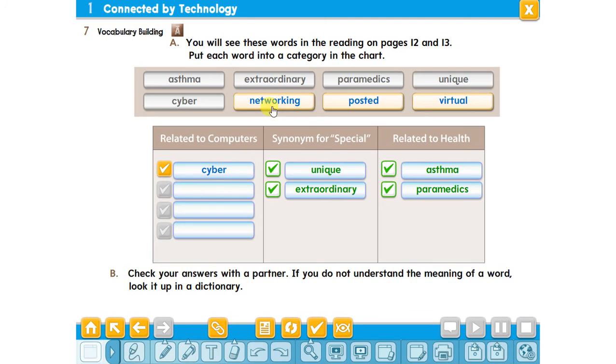Networking. That's right. For sure it is for computer. Posted. You post something. Virtual reality. This is also like our lessons. Sometimes we are going to give virtual reality classes. Is that right? Let's see it. Yes, we are right. Okay.